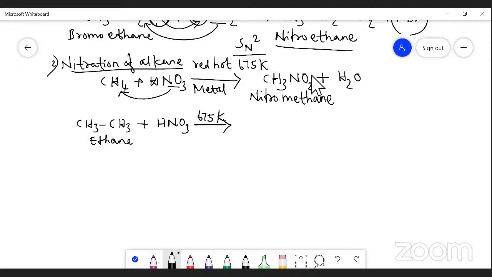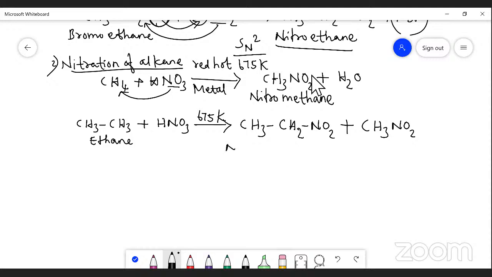Now we are going to get a mixture of nitro compounds. One is CH3CH2NO2, and another one is CH3NO2. So you get two compounds.